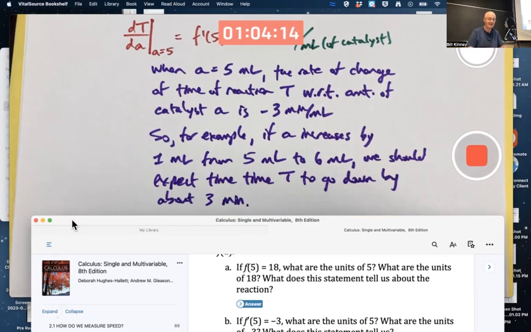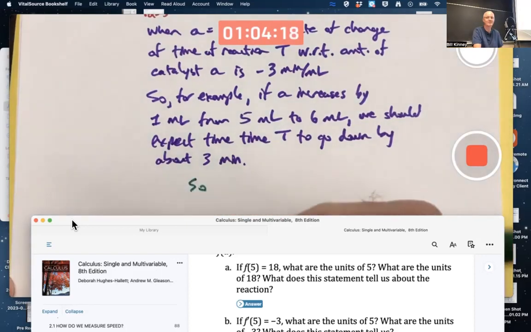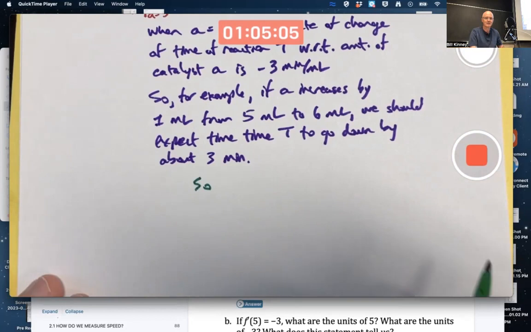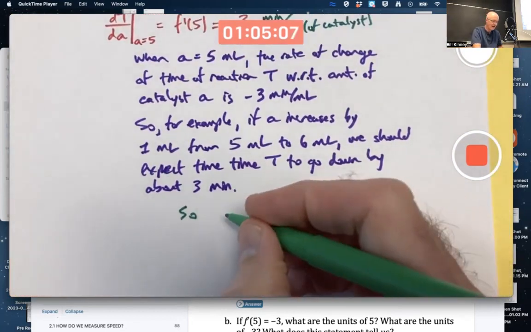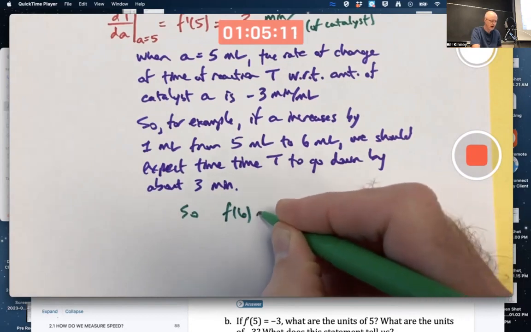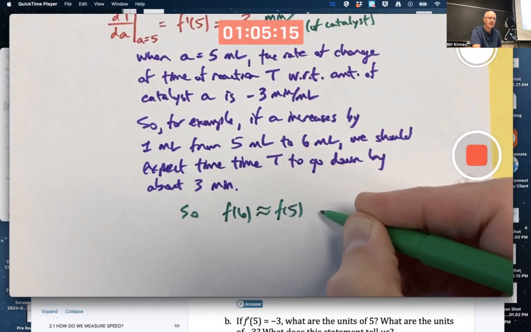Let's elaborate on that. We should elaborate what this means as well. So f of 6 should be approximately f of 5.